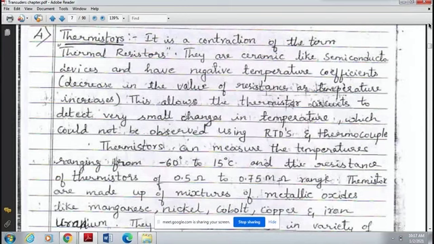Out of these, whatever you have studied earlier, RTDs and thermocouples, compared to them the thermistor is very capable of detecting very small temperature changes. Whatever small changes could not be detected by RTDs as well as thermocouples can be detected using thermistors. A very small change in the resistance can be detected by this type of thermistor.